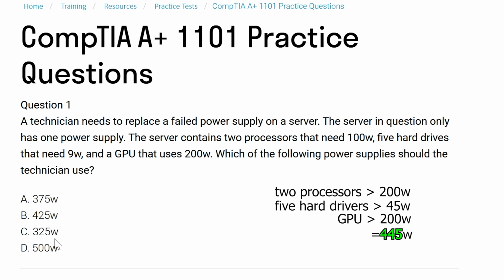So we can't go under, but it's okay to go over when it comes to the power supply. Matter of fact, most computers, most servers have power supplies that are rated over what they need when it comes to operation. So the answer here is D, 500 watts.